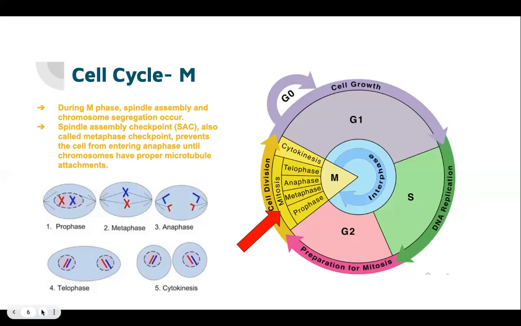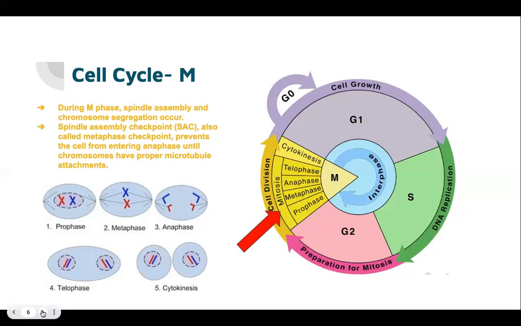Then in telophase, they start to reform like some nucleus, and they start to congregate again at the poles. And then in cytokinesis, that's where the cell will officially split off with the cleavage furrow in the middle.